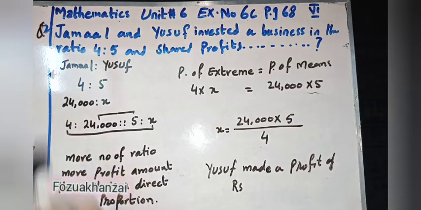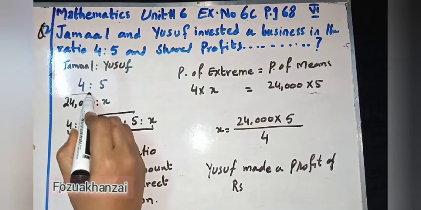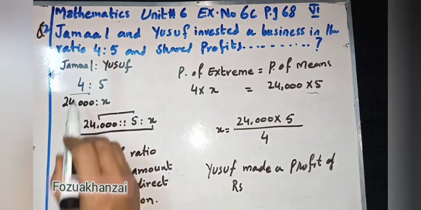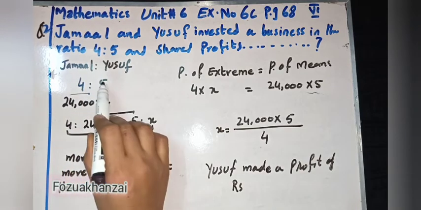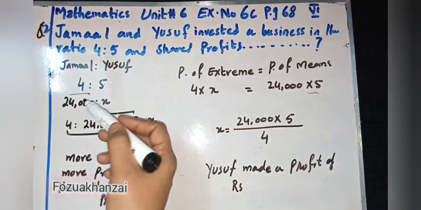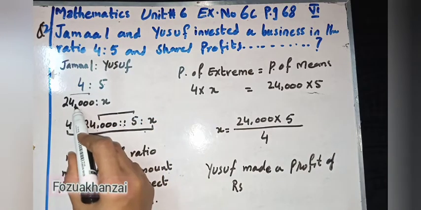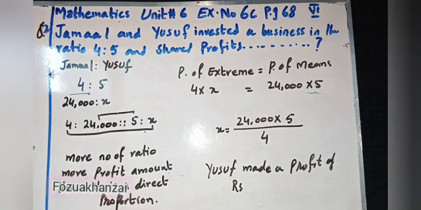Direct proportion. If we write this in fraction form, we write like this: 4:24,000 proportion 5:x. If it's an inverse proportion, we write the denominator first, then the numerator. But it's a direct proportion.